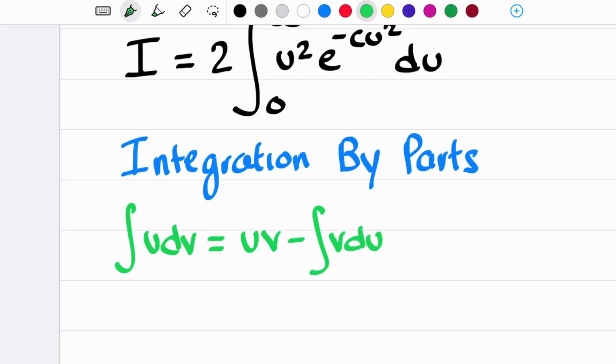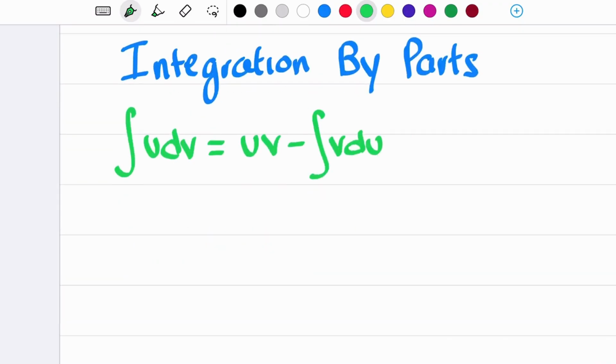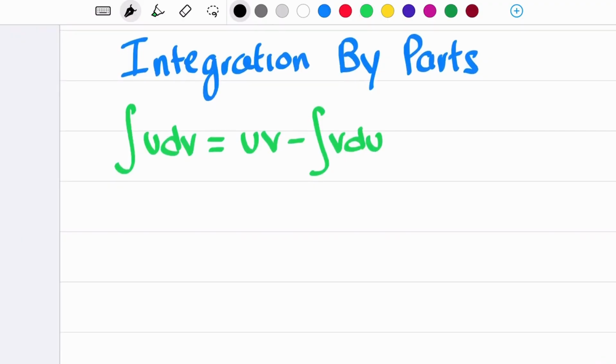Now, u and v are both just functions of some variable here. If you want to understand why integration by parts is true, it's really just manipulating the product rule in differentiation, and then you can integrate both sides and figure out where this property comes from, and I can actually show that real quick. So if I wanted to take, let's say they were both functions of x, u and v.